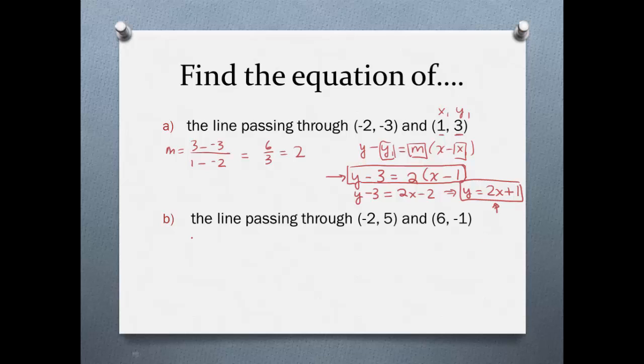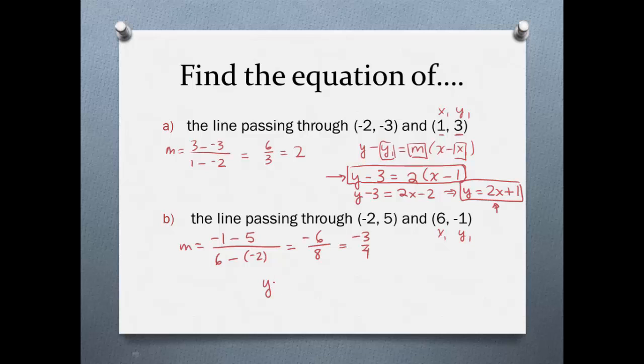Couple more. Slope in this one, negative 1 minus 5 over 6 minus negative 2. That looks like negative 6 over positive 8. That's a fraction, but that's okay. That's negative 3/4. And I can pick either one of these to be my x1 and my y1. I think I'll pick this one.